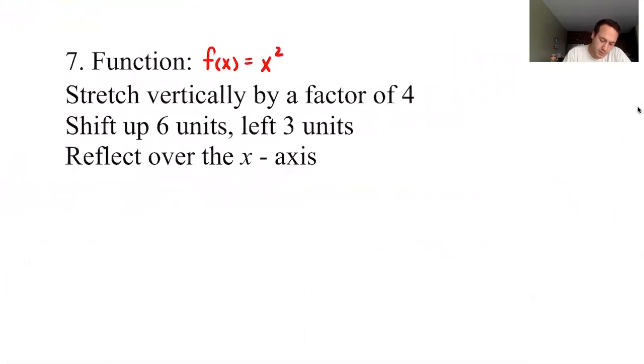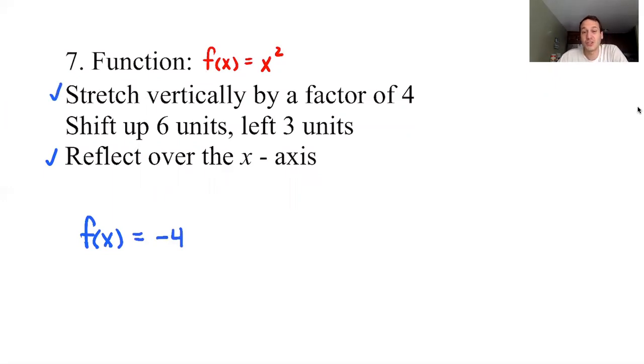Question 7 over here. I've got a little bit of everything. I've got a vertical stretch, a shift up, a shift left, a reflection. Perfect. So much going on here. I'm going to take care of this reflection first. So I did this one. Now I'm going to take care of the vertical stretch. I did this one.